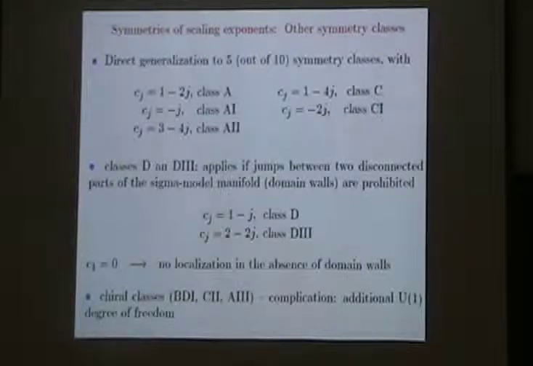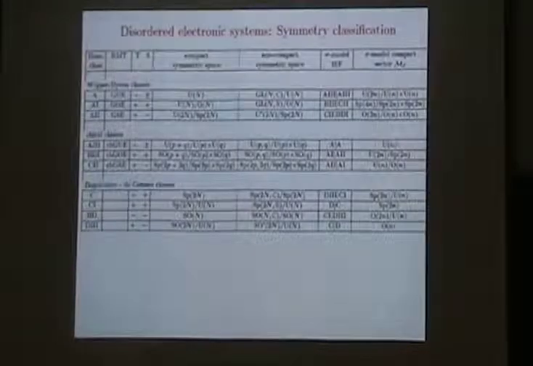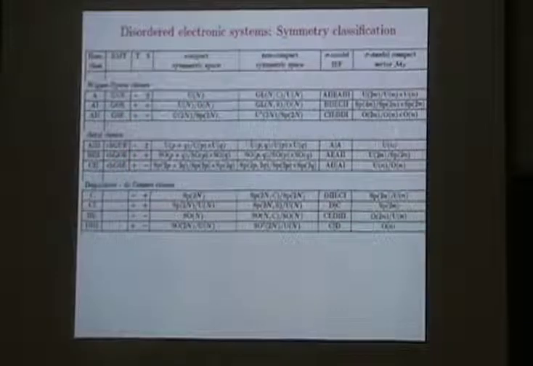Could you talk about how to obtain the symmetry classification as well from the point of view of the sigma model? Because Alwyn talked about how to obtain it from the Hamiltonian, and so it would be great to see the derivation from the point of view of the sigma model as well. Well, starting from any Hamiltonian, you can map it on a sigma model.